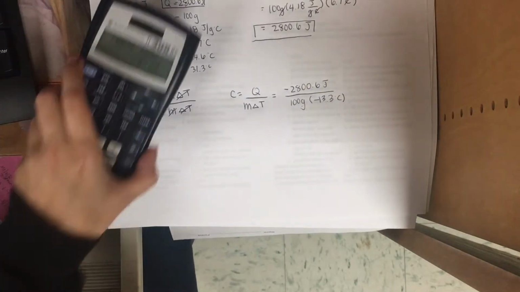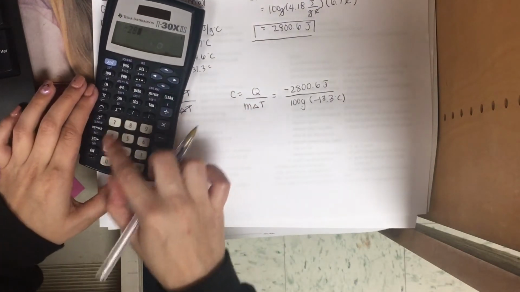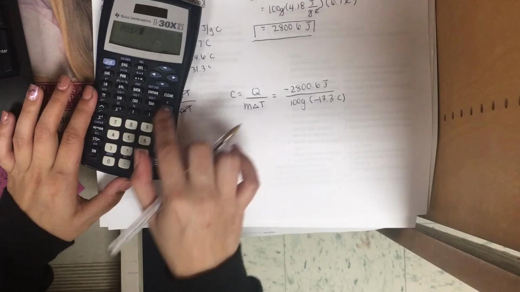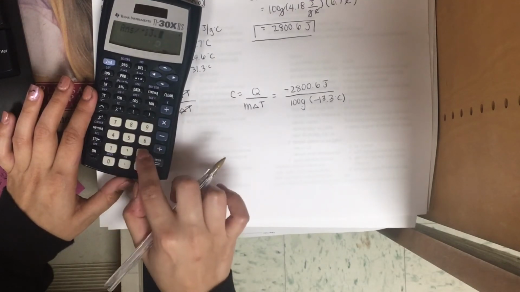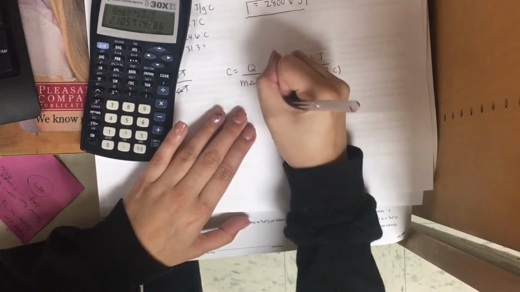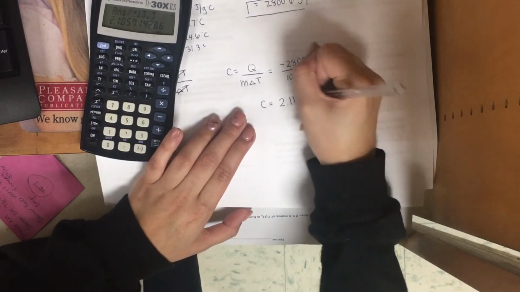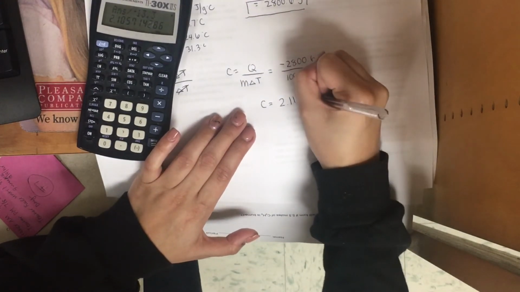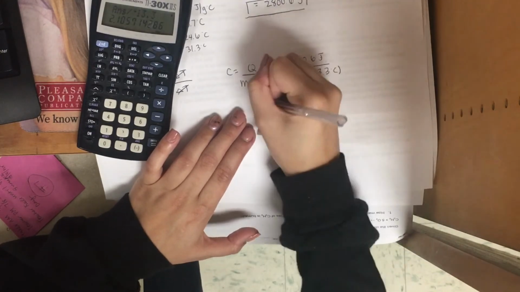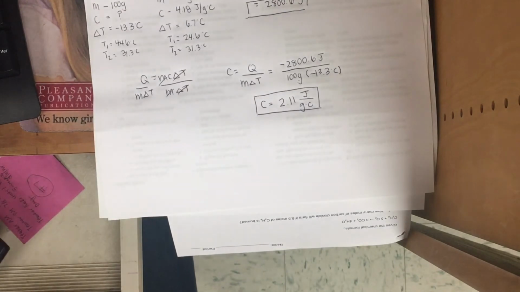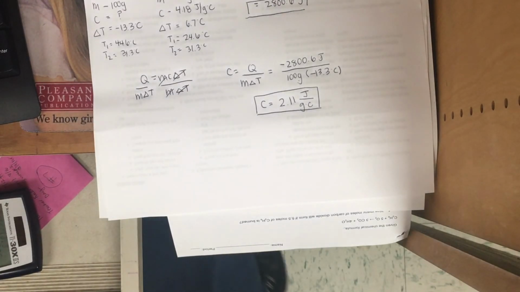That's fine, we're going to keep them. Negative 2800.6 divided by 100 divided by negative 13.3 gives me an answer. C is equal to 2.1. I'm going to round, and we're going to take our units with us: joules per gram degree Celsius. We know that's our unit for C, so that is exactly how we're going to solve both of those problems.